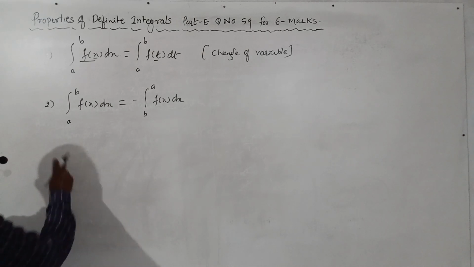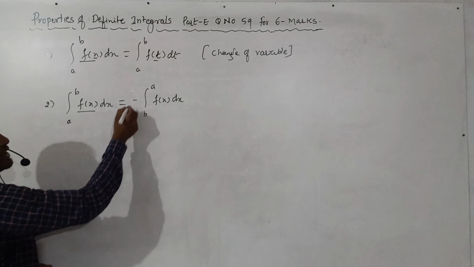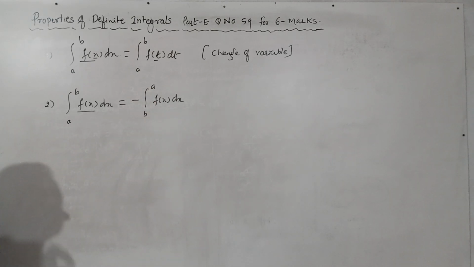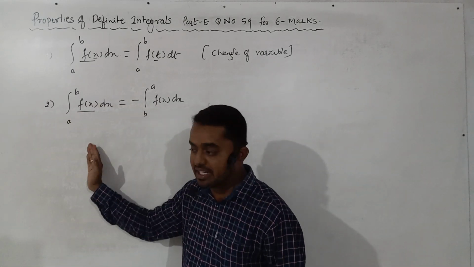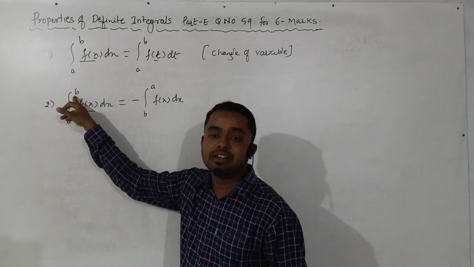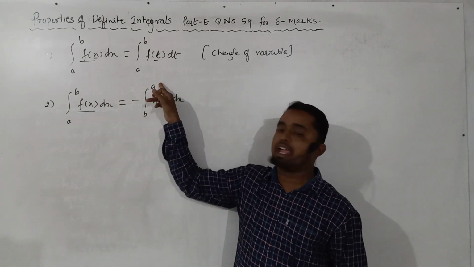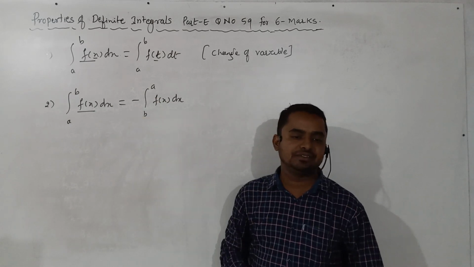The second one: integration of a to b f of x dx is equal to minus integration of b to a f of x dx. See what happens here: the limits are interchanging on the left hand side. The limits are a to b here, but these limits are changing to b to a. If you interchange the limits, then the sign of the integral will be changed.